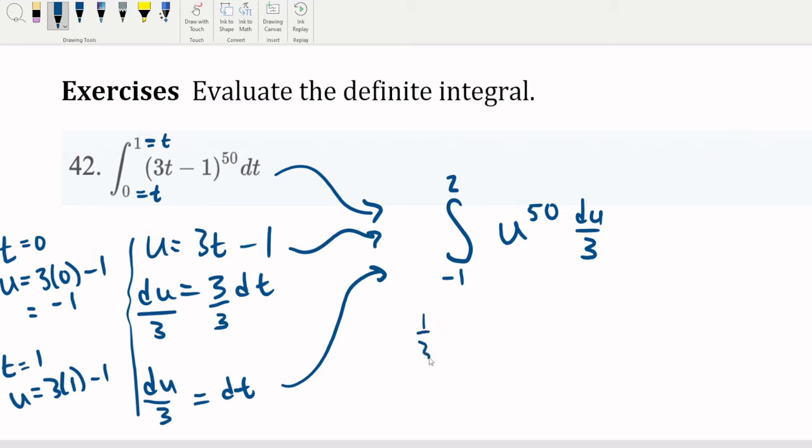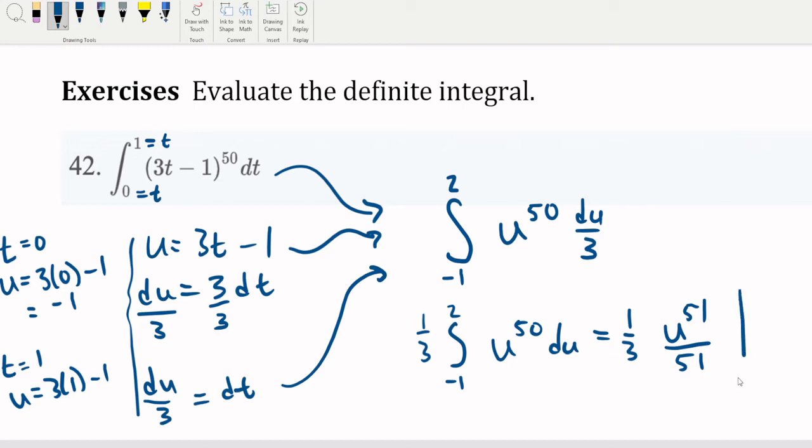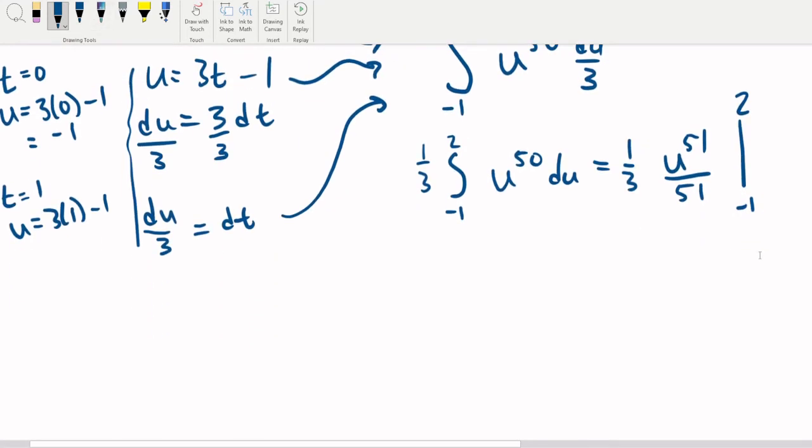So 1/3 integral from -1 to 2 of u to the 50th du. We're going to add 1 and divide, and then remember we're going to plug in 2 first and then -1. Remember, top, then bottom.